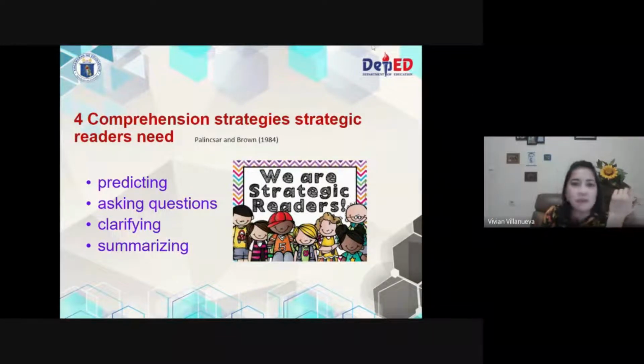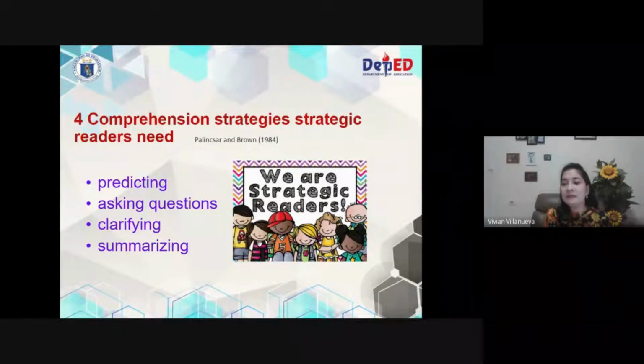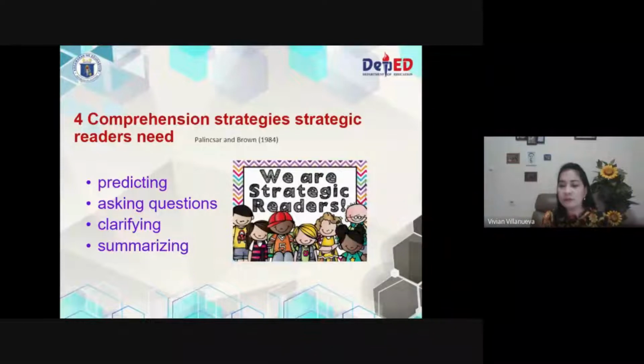During reading, you don't just let them read. Wag po nating, okay, read pages 101 to 105. No, don't just do that. We have to try to hook their interest first, kasi our young kids have a negative, preconceived notion. Magbabasa na naman, nakakatamad naman yan.